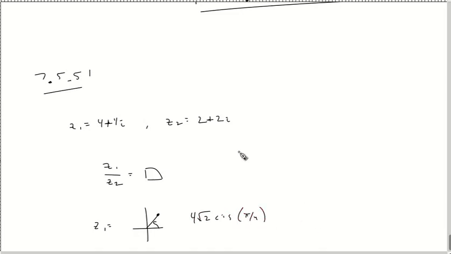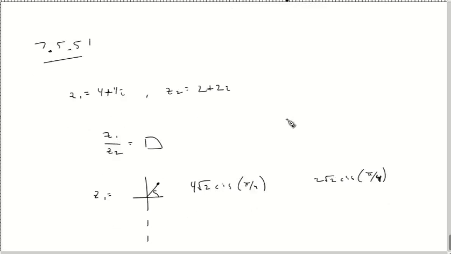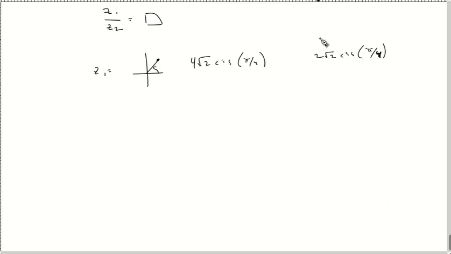For this guy, it's actually similar. It's just going to be 2 square root of 2, and still at pi over 4. That's supposed to be a 4. So now I'm dividing both of these, so you should definitely have these divided.